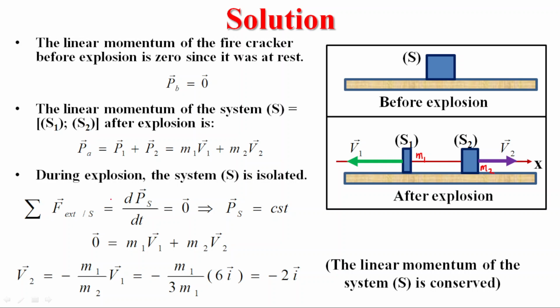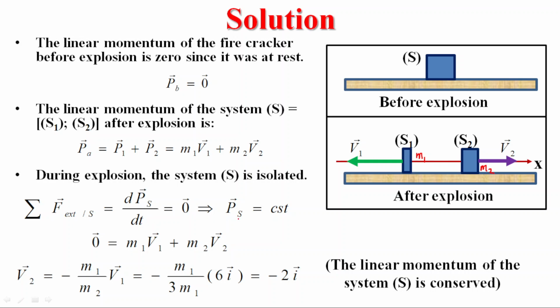Now we apply the conservation of linear momentum. During explosion, the system S is isolated, meaning the sum of forces acting on this system is zero. And we know that sigma F equals dp by dt according to Newton's second law. Therefore, sigma F equals dp by dt equals 0.